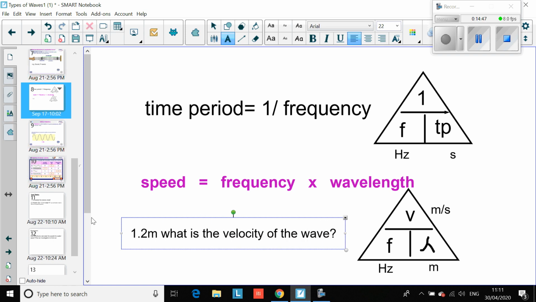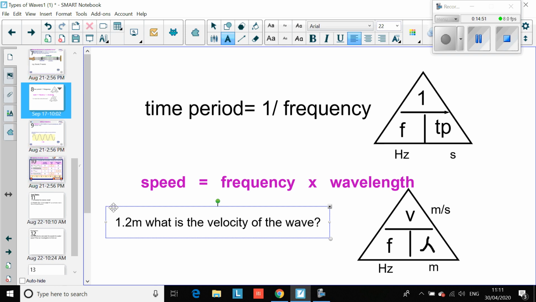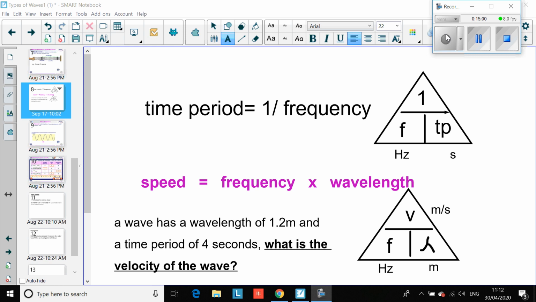Now, a couple of little things about this. I'm just going to pause this for a second and just add a couple of things. Okay, so a typical exam question might be one like this. A wave has a wavelength of 1.2 meters and a time period of 4 seconds. What is the velocity of the wave? Okay, so let's look at what we've got.